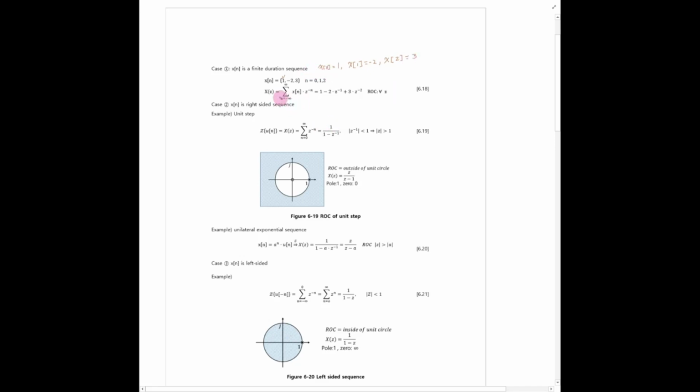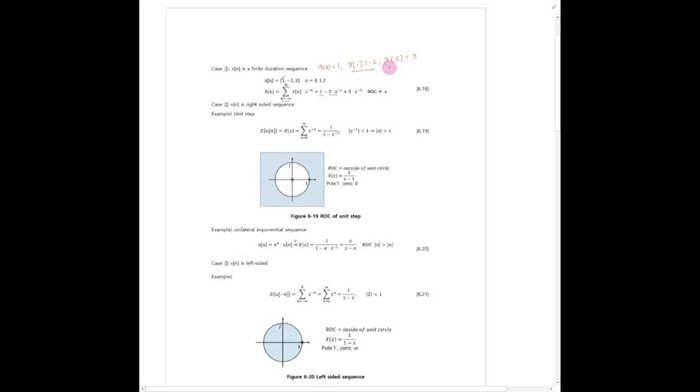Then take the G transform. Even though we're taking the summation over the whole range, n has non-zero values only at n equals 0, 1, 2. For n equals 0, x[0] is 1, and g to the 0 is 1, so that's this term. For n equals 1, x[1] is minus 2, and we have g to the minus 1.